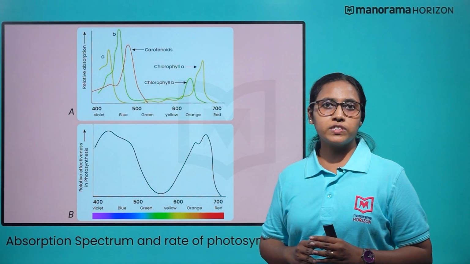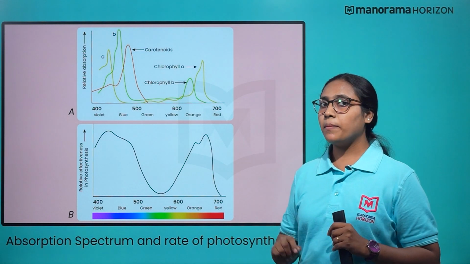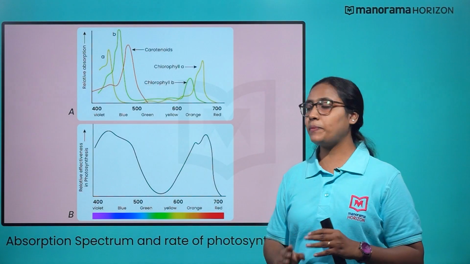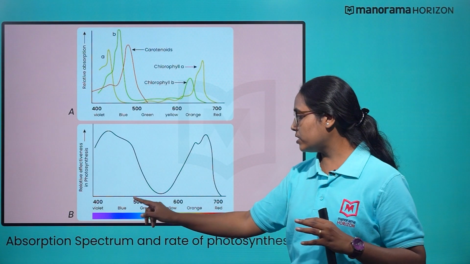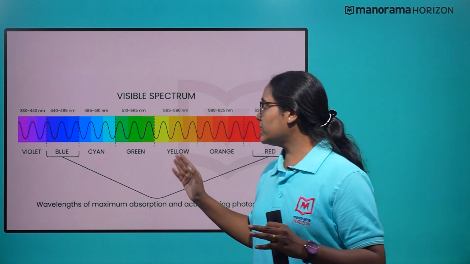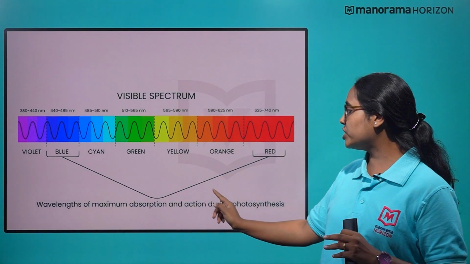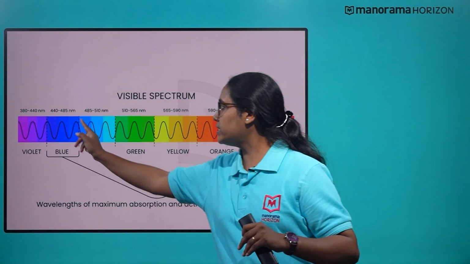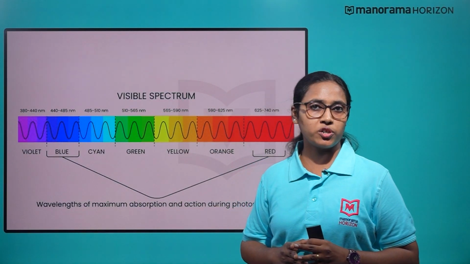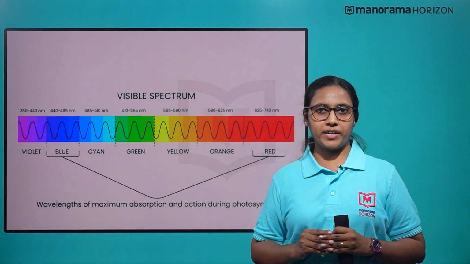From both the graphs, we have come to one more conclusion, that maximum absorption and maximum action take place in the blue region and the red region of the visible spectrum. From this image, we can easily understand that maximum absorption and action take place in the blue and the red region of the visible spectrum.